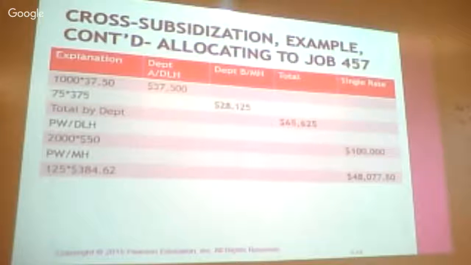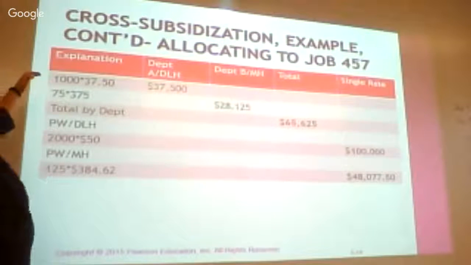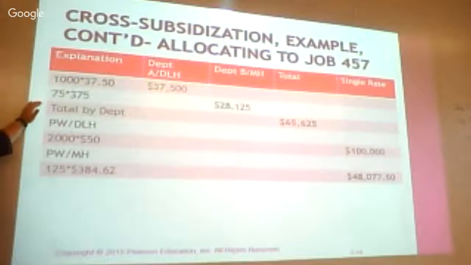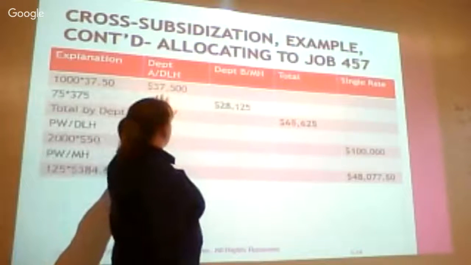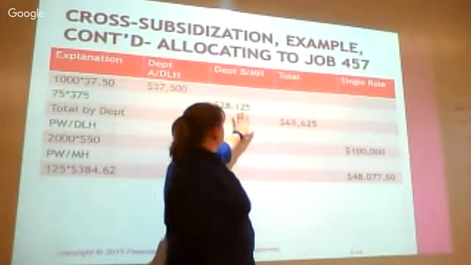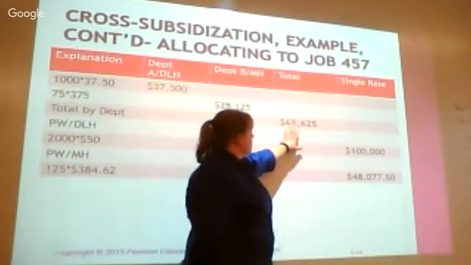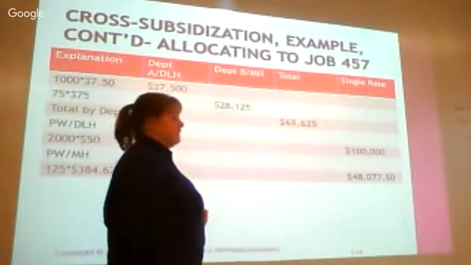Now, if I based it on just direct labor hours, they had a total of 2,000 direct labor hours, $50, I would way overcost, right? So this one is broken down based on departments. So I would have $37,500 in Department A, $28,125 in Department B, for a total cost of $65,625.